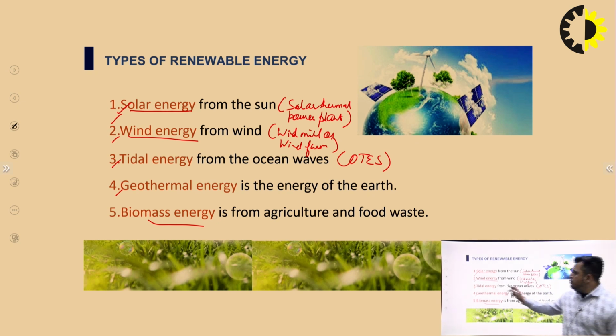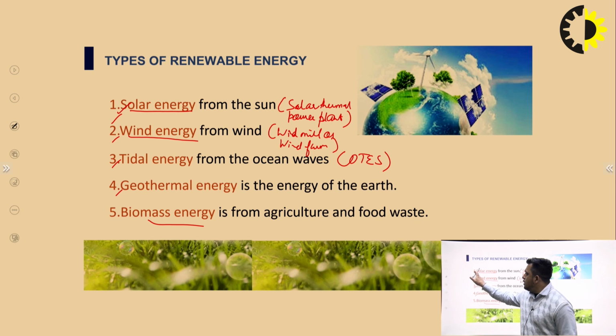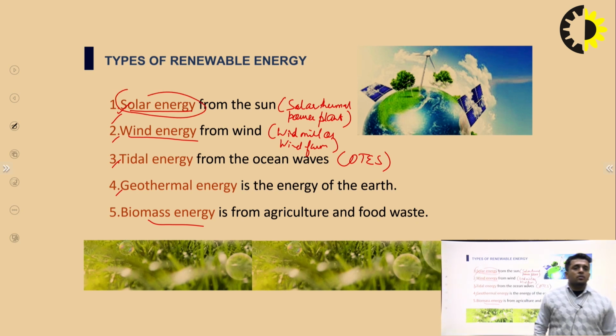Nowadays, we have heard very much about solar energy use. Also, in our 11th or 12th we heard about the term solar cooker. What is that? We are using solar energy to cook food. Now this energy is utilized in different forms also for the production of electricity.